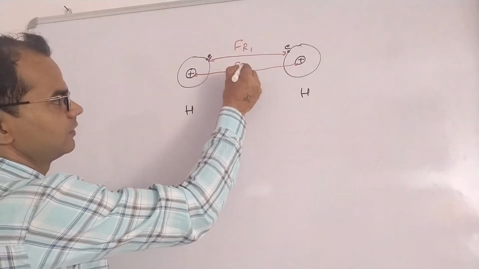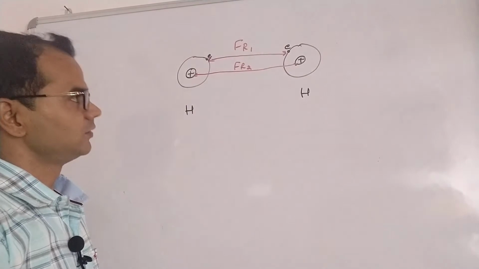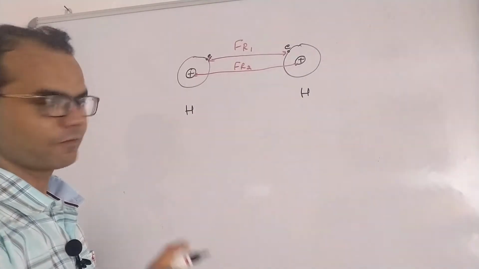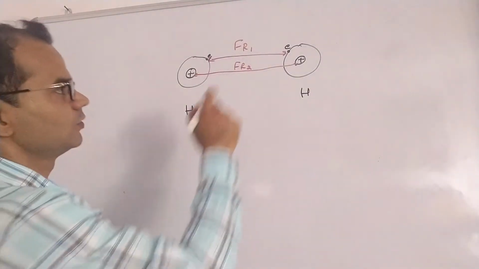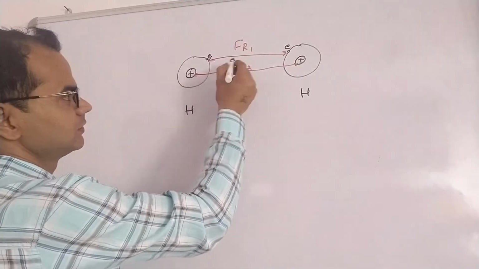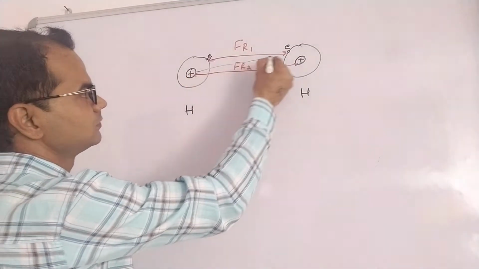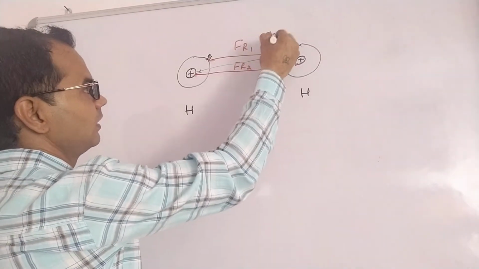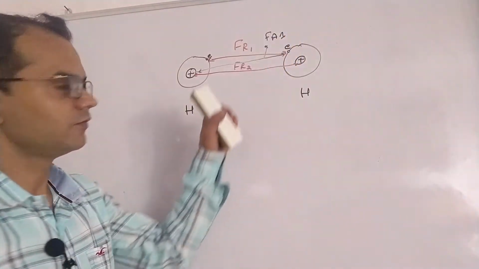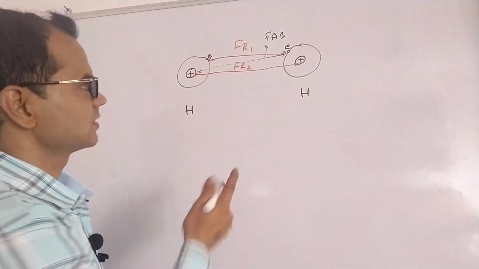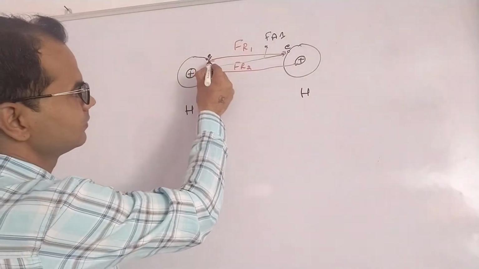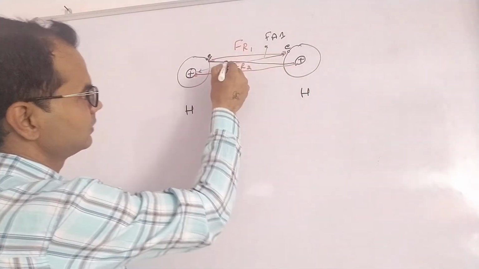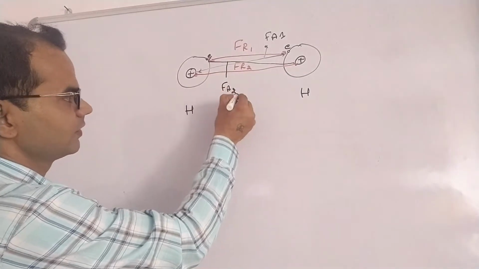This is Fr2. But we can see there is an attraction force also between this electron and this nucleus. This is Fa1, force of attraction first. Similarly, this electron will be attracted to this nucleus. This is Fa2.